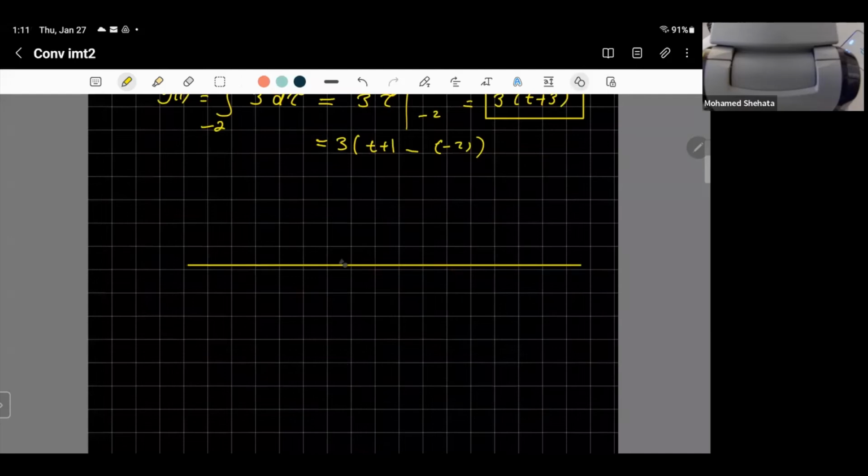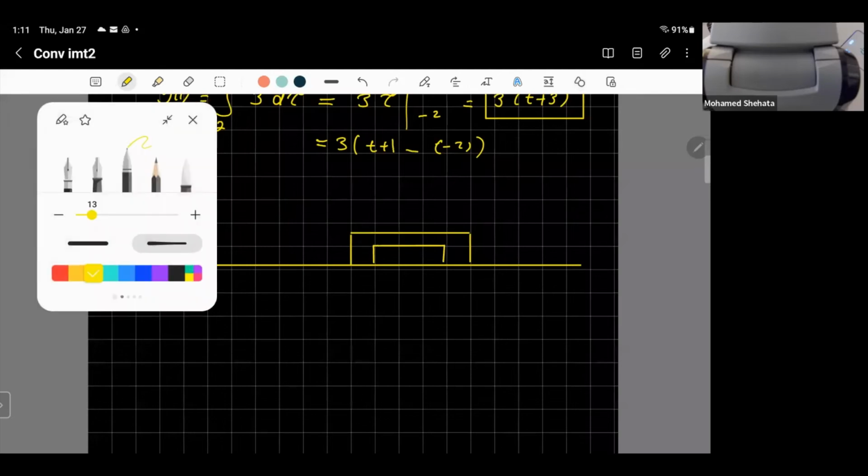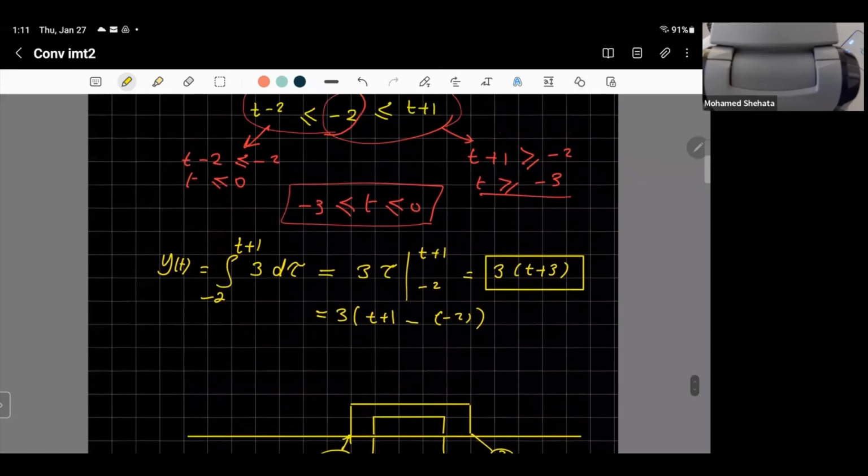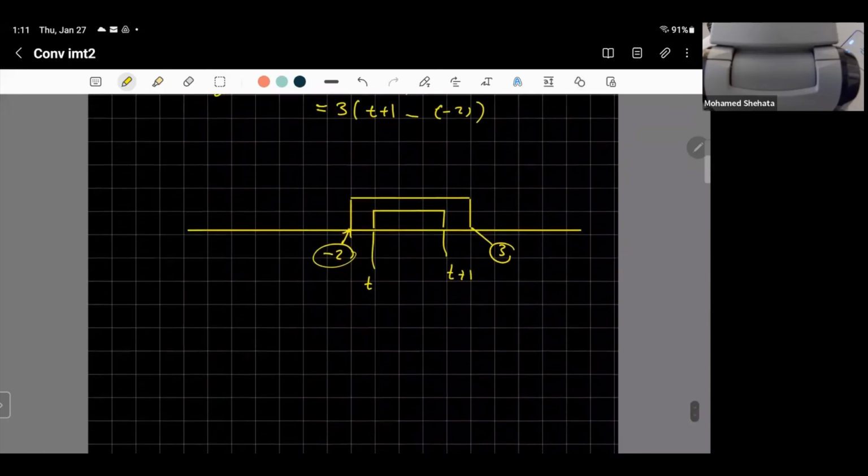And the other one will be completely inside. So I'm keeping the limit. I don't change this from -2 to 3. And by the way, this never changed. It was t plus 1, I think. And that was t minus 2. -2, that's right.